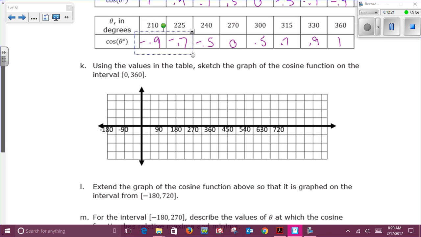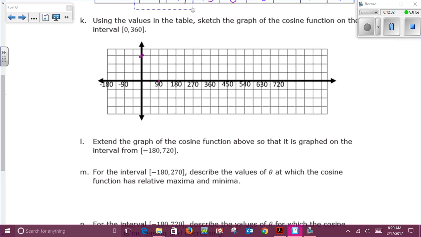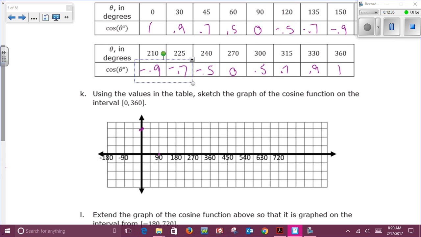So now I'm going to plot these on my graph. Let me pull it down so you can see a little bit better. So this would be 0.9, about halfway between. 0.7 is on the line. Oops, that should be up here for 1. My bad. This is 1, this is 0.5. So 0.9 halfway in between, 0.7 is up here, and then 0.5, and at 90 it's at 0.